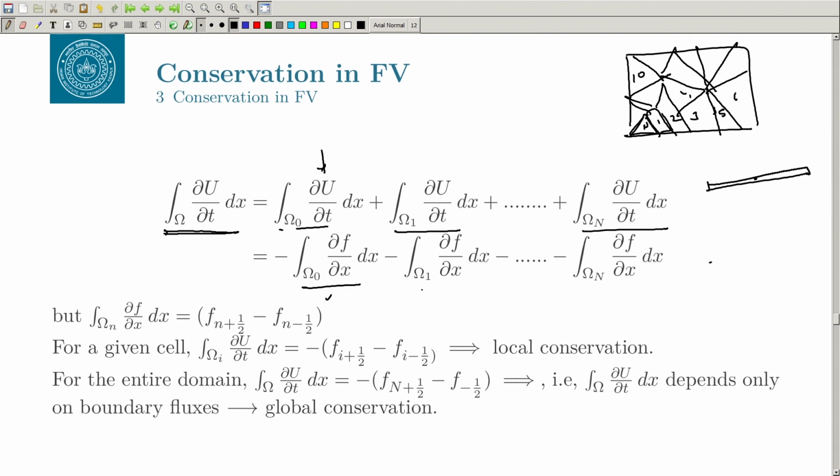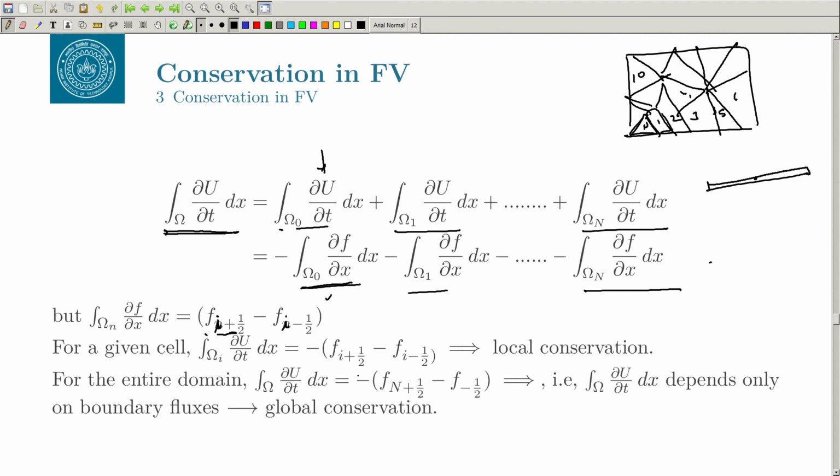In 1D or 2D it remains the same. It is basically I plus half and I minus half. This is f I plus half and this is f I minus half. What is the difference in the flux?